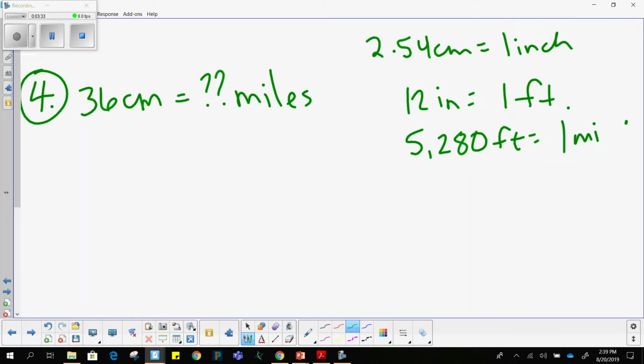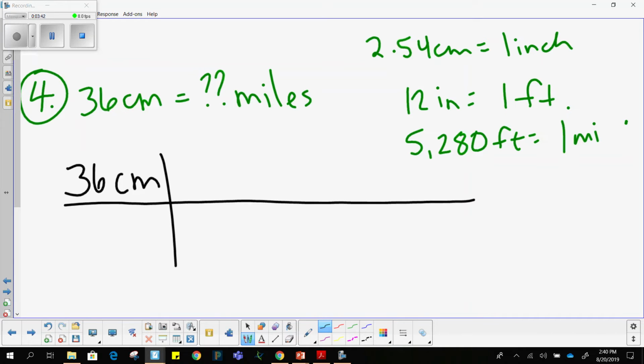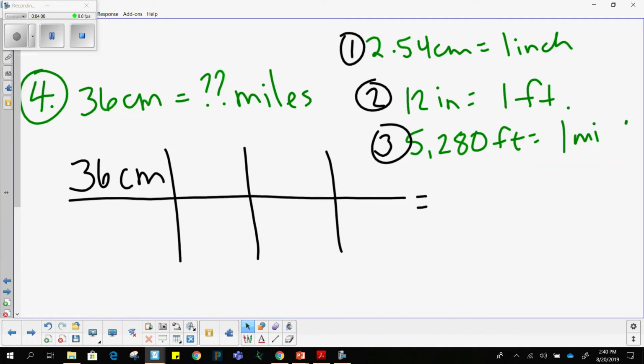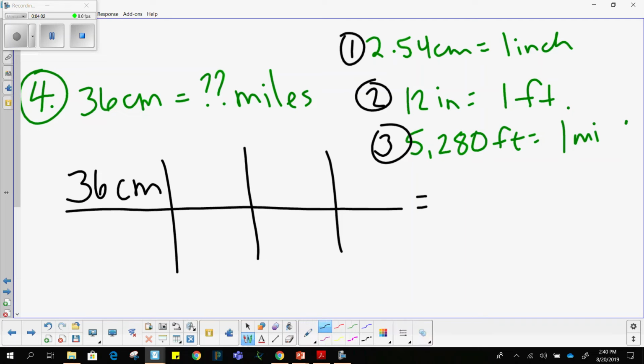So we have 3 equivalent statements we have to use for this particular problem. So when I set up what I call the railroad tracks, I'm going to start with my given units, which is 36 centimeters. How many equivalent statements do we have? Well, there's 1, 2, and 3. Which means we're going to have 1, 2, and 3 little sections where we're going to be plugging in these equivalent statements. The first one we're starting with, because it's in centimeters, we have to make sure that we're putting centimeters on the bottom.